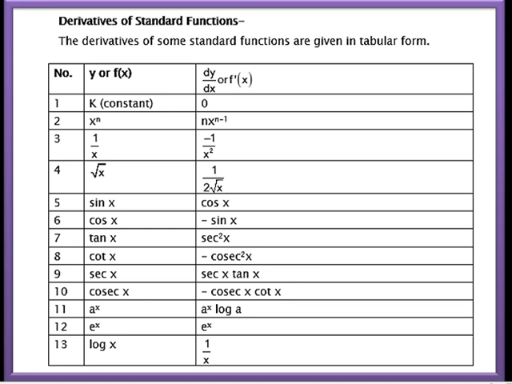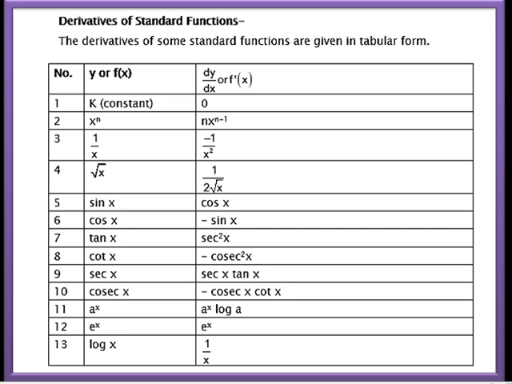We say d/dx of k, that is constant, equal to 0. d/dx of x raised to n is n x raised to n minus 1. d/dx of 1 upon x is minus 1 upon x square. d/dx of root x is 1 upon 2 root x. d/dx of sin x is cos x. d/dx of cos x is minus sin x. d/dx of tan x is sec square x. d/dx of cot x is minus cosec square x. d/dx of sec x is sec x tan x. d/dx of cosec x is minus cosec x cot x.